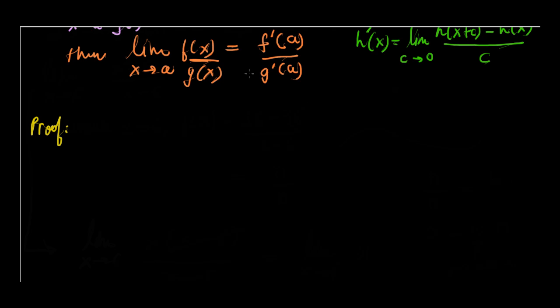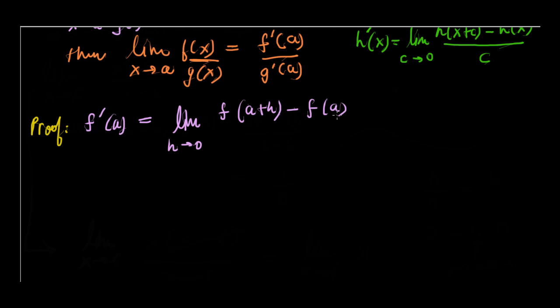Okay, so according to this definition, f prime of a will be equal to the limit as, again I'll choose a variable, let's say h, as h approaches 0 of f of a plus h minus f of a divided by h, right?